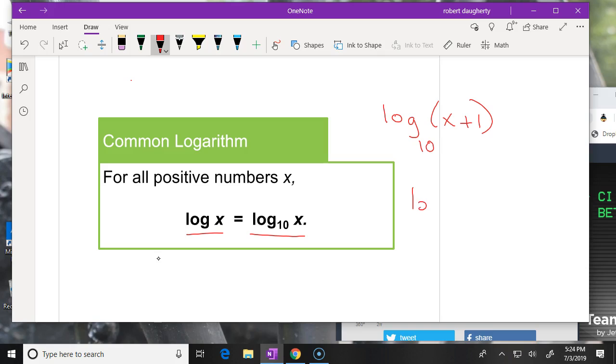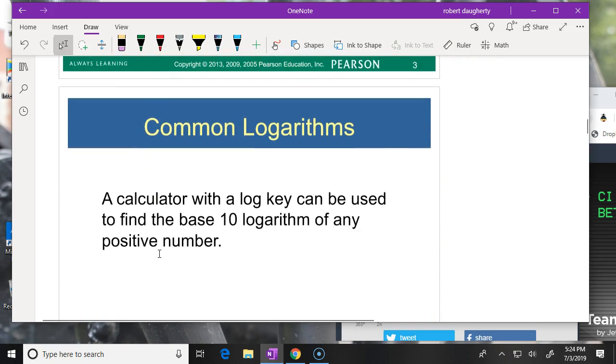Now, if you were to see something like the log base 4 of x, then the log is not base 10. So we will call this a common logarithm anytime the log is specified to be base 10, or if it's left blank, it is assumed to be base 10. So you've got to know that anytime you run into that in a problem.